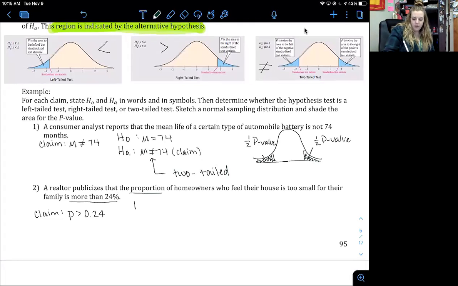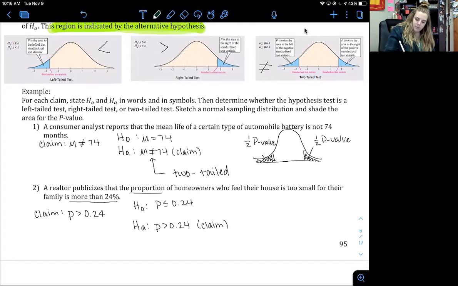So our null hypothesis and our alternative hypothesis. So greater than 0.24, is that going to be the null or the alternative hypothesis? Because it's strict inequality, it's our alternative hypothesis. And the complement of p is greater than 0.24 is p is less than or equal to 0.24.